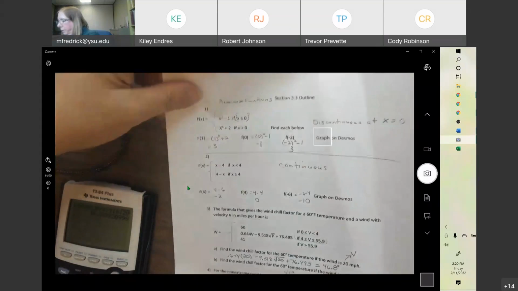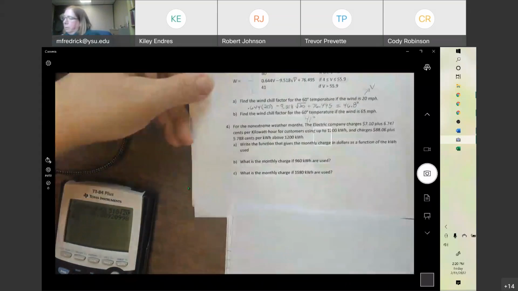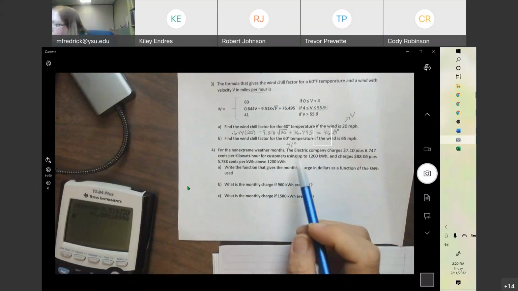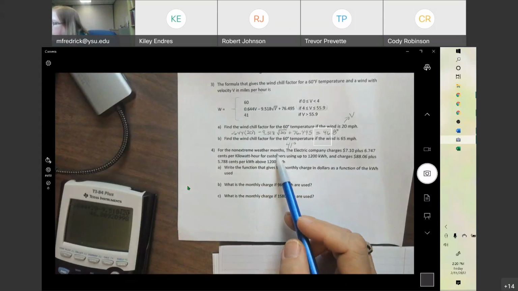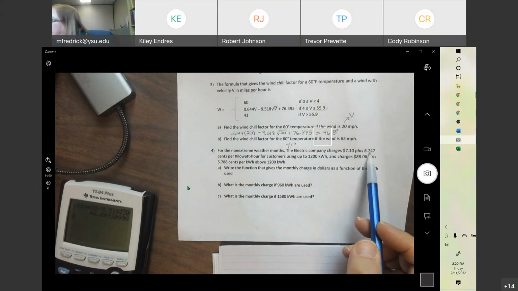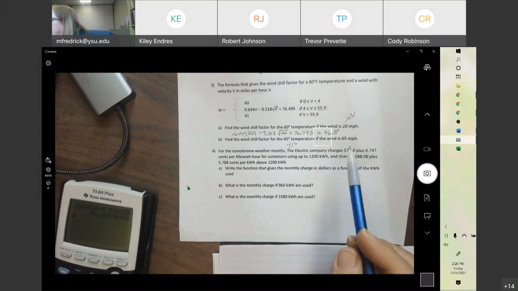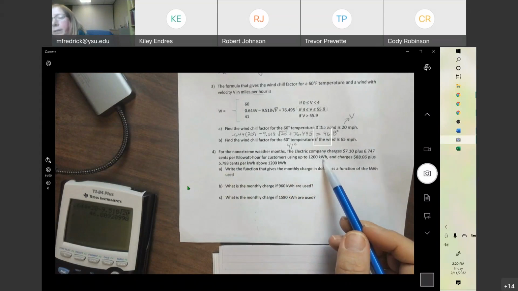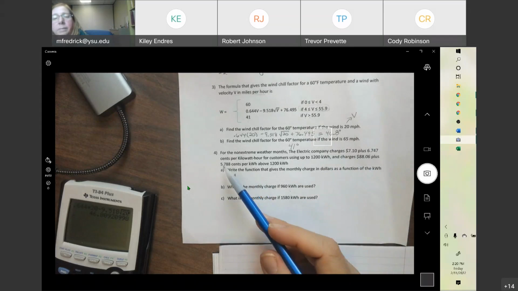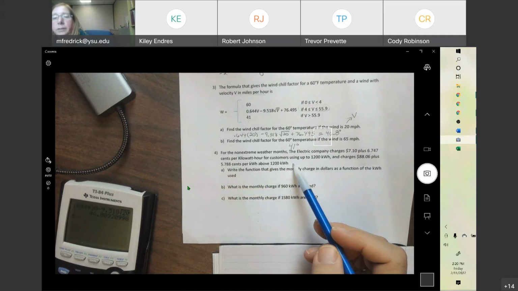Number 4, we need to set the equation up. For the non-extreme weather months, the electric company charges $7.10 plus 6.747 cents per kilowatt hour for customers using up to 1,200 kilowatt hours, and charges $88.06 plus 5.788 cents per kilowatt hour above 1,200 kilowatt hours.